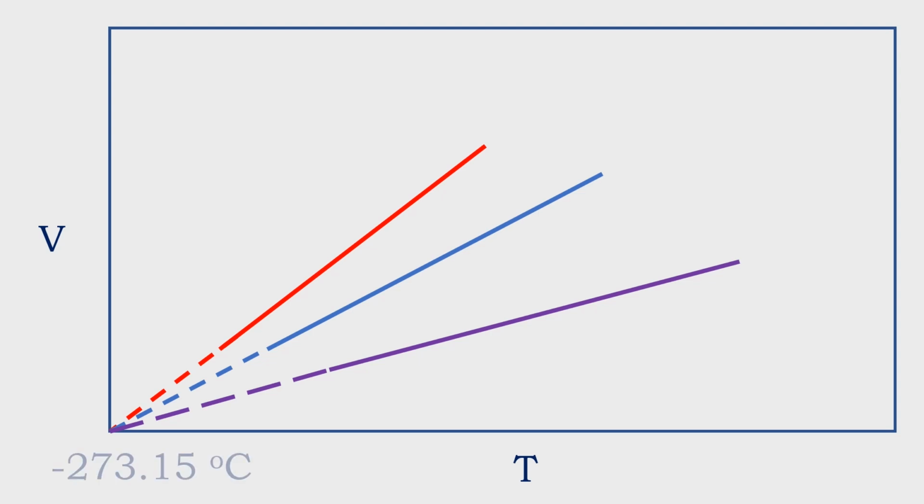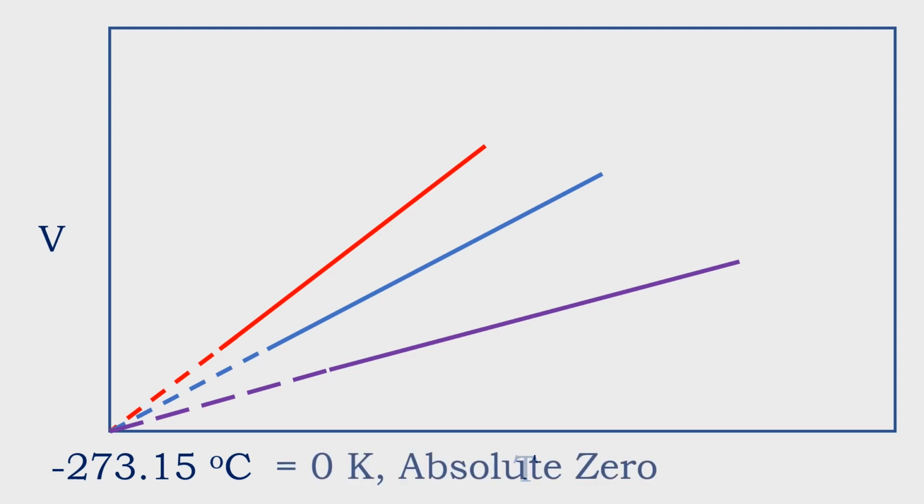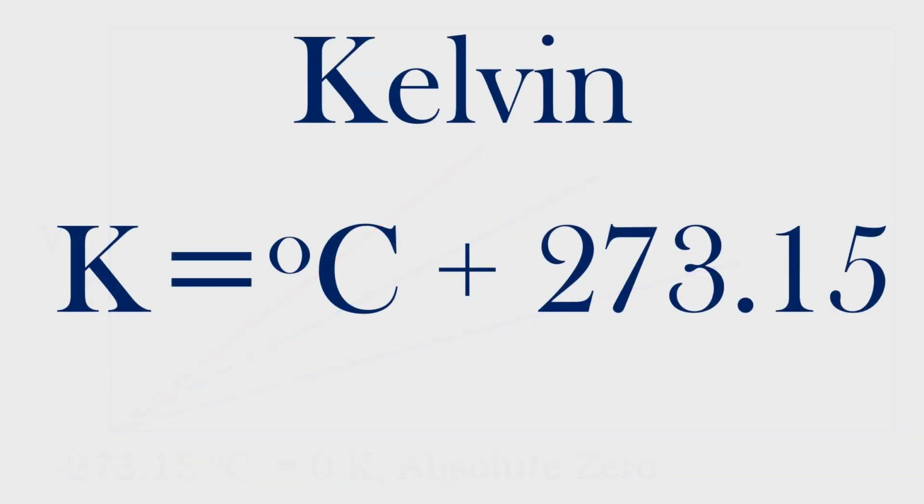This temperature is negative 273.15 Celsius. The result established the Kelvin scale, and this temperature is 0 Kelvin, or absolute zero. In chemistry, temperatures are usually reported in Kelvin, which is the degree Celsius plus 273.15.